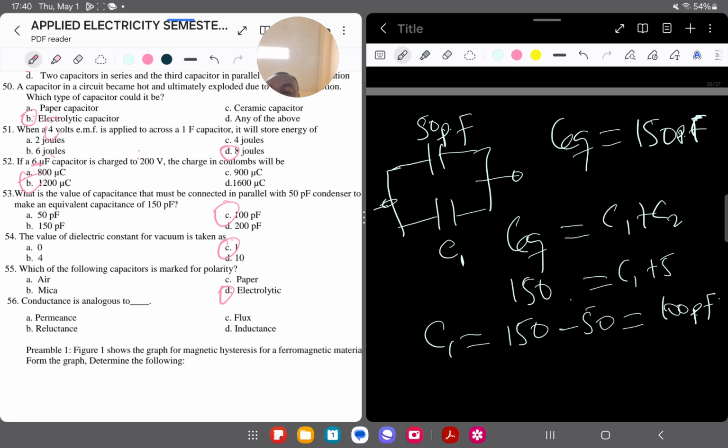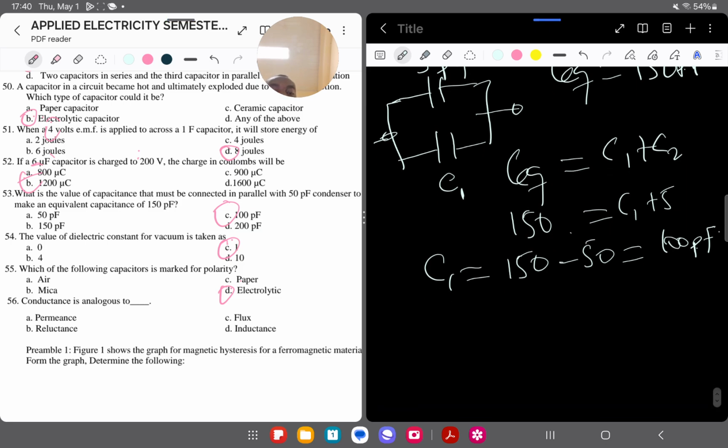Now, question 56. Conductance is analogous to, we know conductance to be equal to the reciprocal of what?